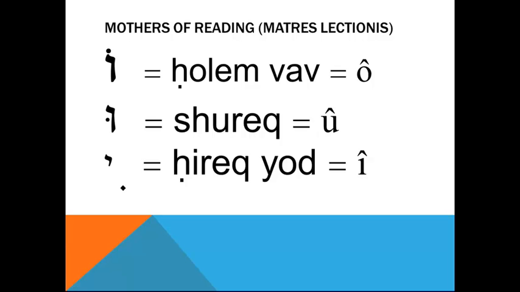So even in the case of the Shureq, you can't count on these mothers of reading being there, even when there's a long vowel. There can be a long vowel without these being there, and sometimes they were written there and they weren't needed. I'm not going to go into detail on that.